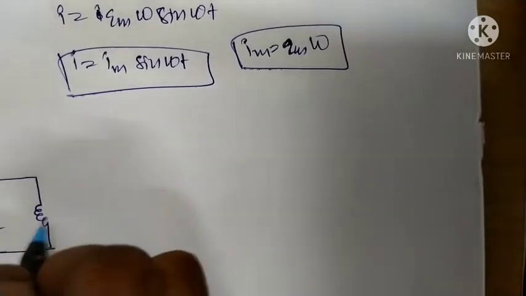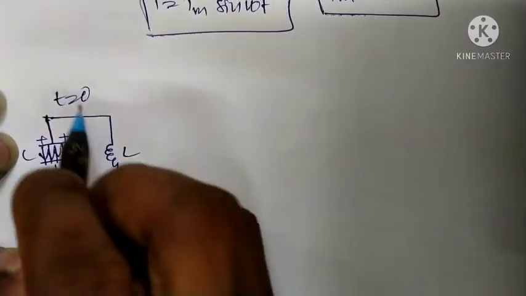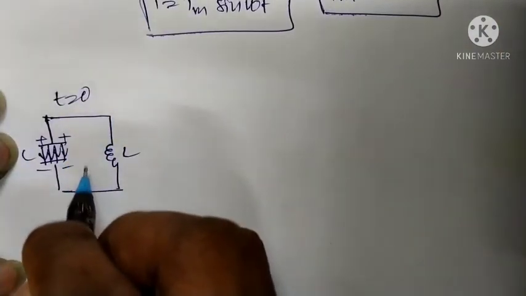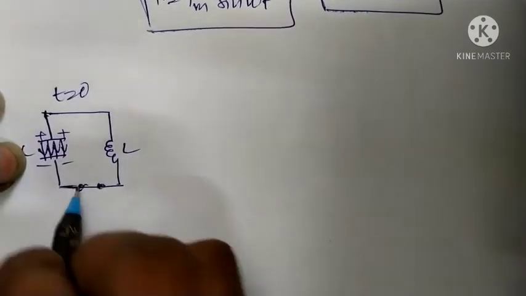At time t equal to 0, initially, without applying current, there is no power supply.